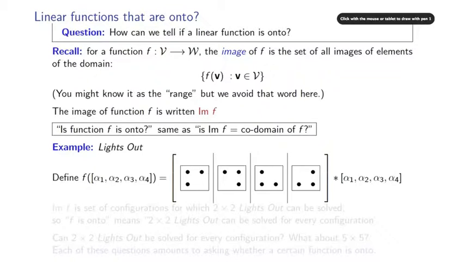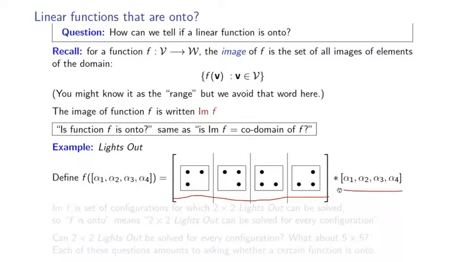We construct the matrix whose columns are the button vectors for 2 by 2 Lights Out. What happens when we multiply this matrix by a vector [alpha1, alpha2, alpha3, alpha4]? The result is the linear combination of the button vectors where the coefficients are alpha1, alpha2, alpha3, and alpha4. Now let's define a function f that maps a vector [alpha1, alpha2, alpha3, alpha4] to this matrix-vector product.